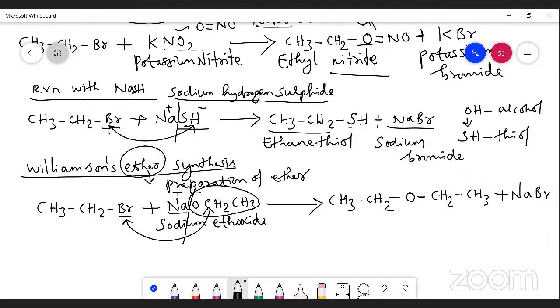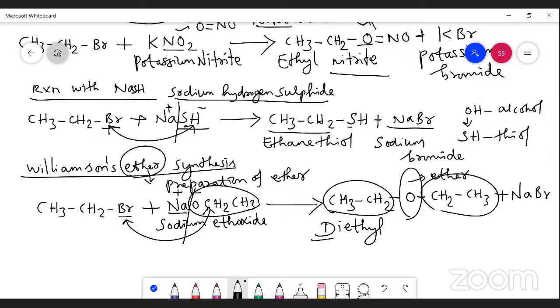Now how will you find out this is an ether? In any organic compound, if oxygen is linked between two alkyl groups, then we can call it an ether. Now what is the name of this ether? Diethyl, because I am using the prefix di, meaning there are two ethyl groups. So diethyl ether is the product, along with sodium bromide.